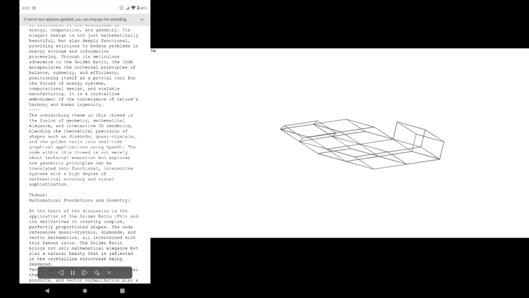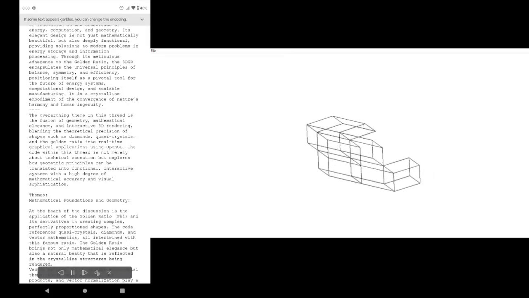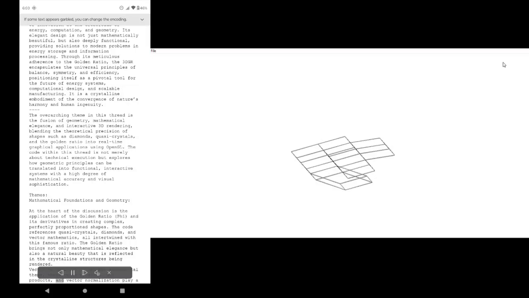Vector mathematics is another fundamental theme, where cross-products and vector normalization play a key role in positioning, transforming, and manipulating 3D objects in space. This shows a deep connection between abstract math and its real-world application in graphical simulations.